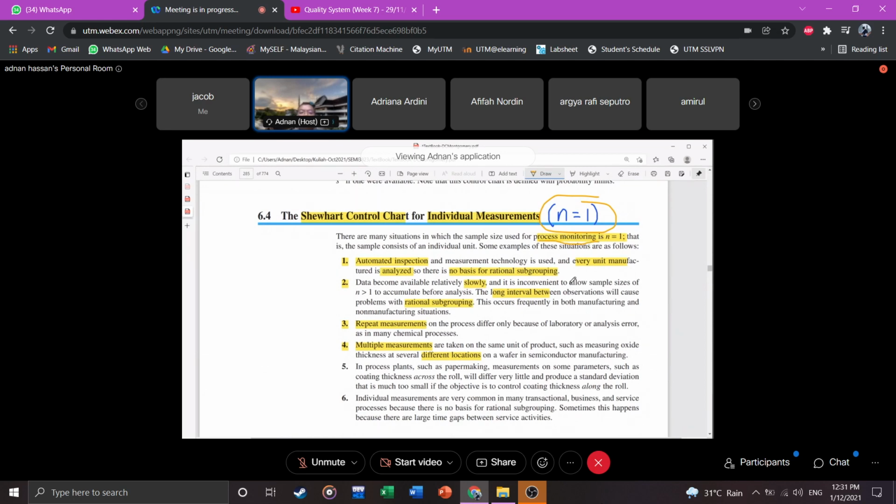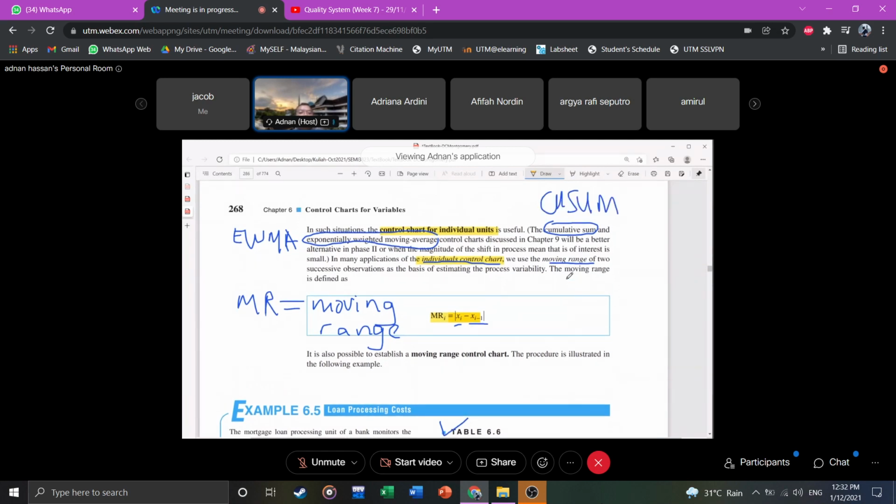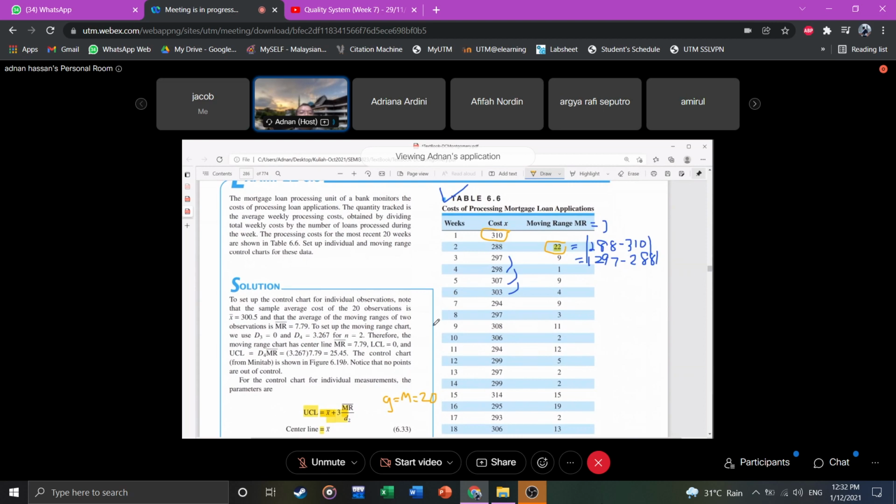But when we use the control chart, we are using the individual control chart with moving range. In order to produce this chart, we need at least two values for moving range. Remember X_i minus X_(i-1): the current value minus the previous value.